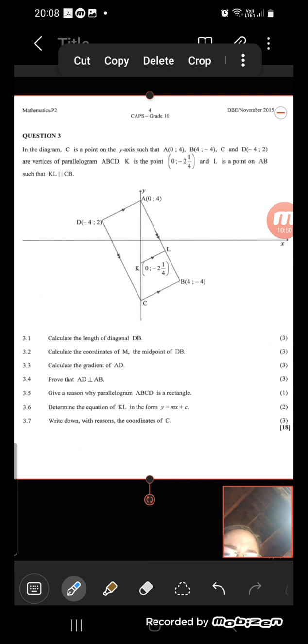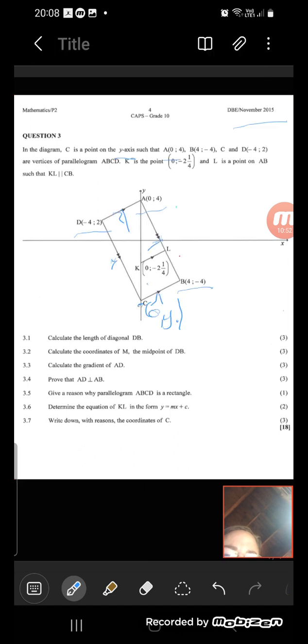K is a point. Also, that point is going to be 0 in x, the point 0, minus 2 and a quarter. And L is a point on AB, such that KL, where's KL? KL is parallel to CB.